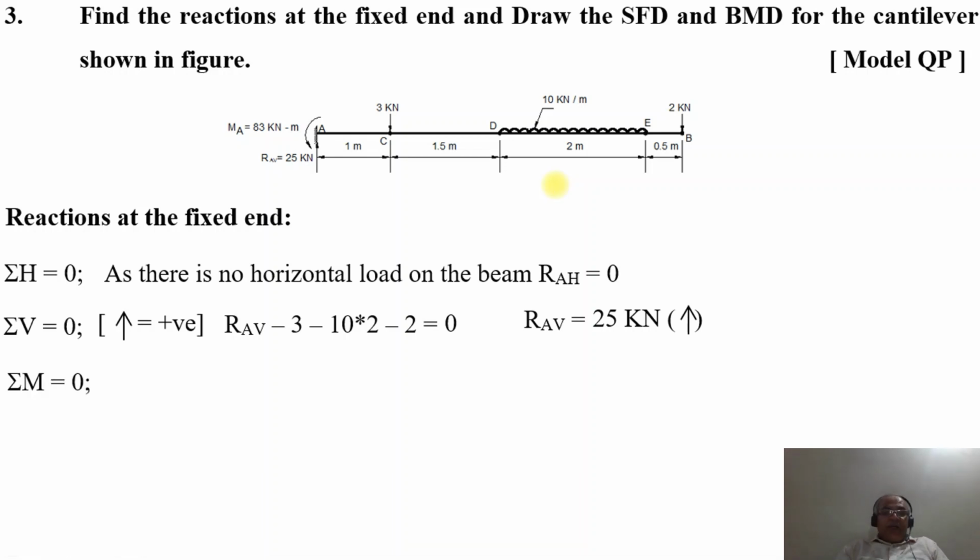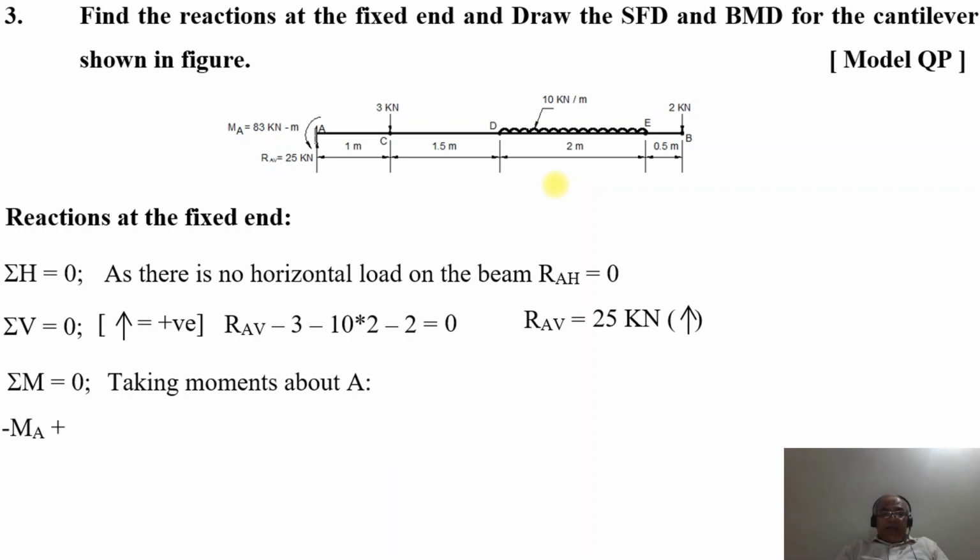Therefore sigma M will be equal to 0: the sum of the clockwise moments equals the sum of the counterclockwise moments. According to this equation, sigma M, the load into the perpendicular distance, will be equal to minus MA, because it is in the counterclockwise direction, taking the moments about the point A.